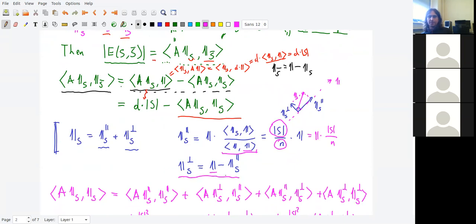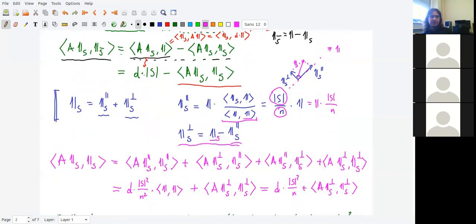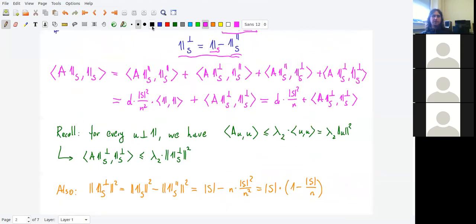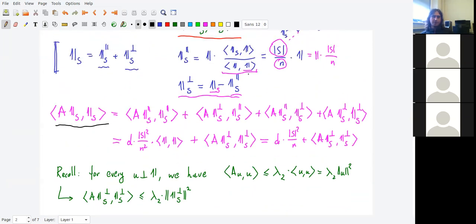So this is just 1 on S minus the parallel part, of course. Good. So let's rewrite what we were concerned about, this scalar product here. If 1 on S can be rewritten as a sum of these two vectors, I can rewrite it as the sum of those four terms here. Fortunately, two of them cancel out.